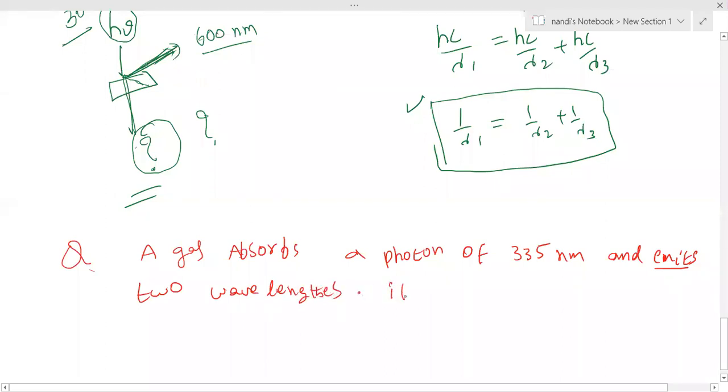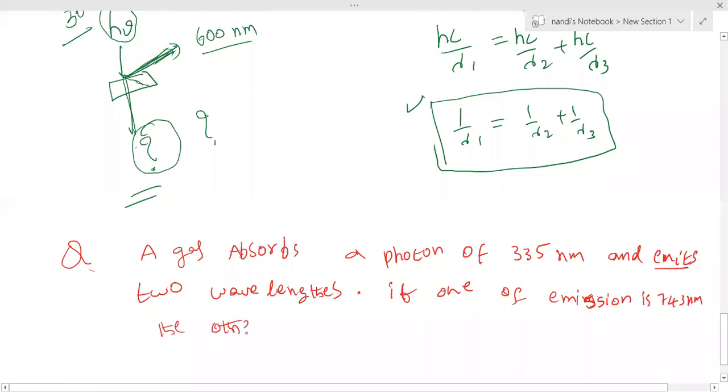If one of the emissions is 743 nanometer, what is the other one?